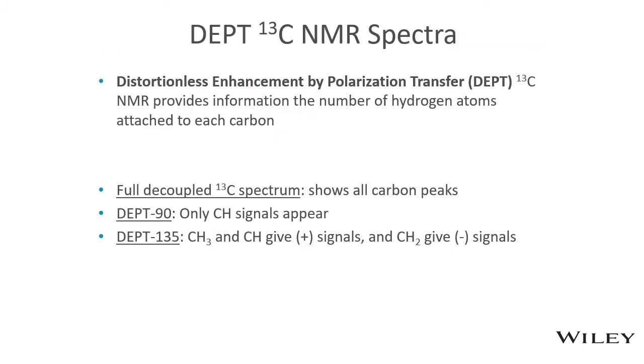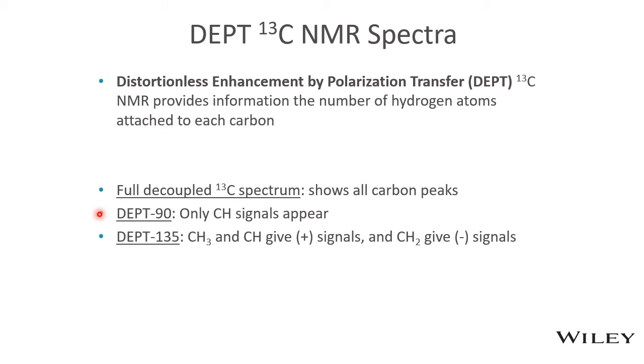Now there's a more complex type of carbon NMR known as distortionless enhancement by polarization transfer NMR. This type of carbon NMR provides information about the number of hydrogen atoms that are attached to each carbon. So what we've just been talking about is fully decoupled carbon NMR. Now this type of NMR shows all carbon peaks. Now there's 2 types of the DEPT NMR.